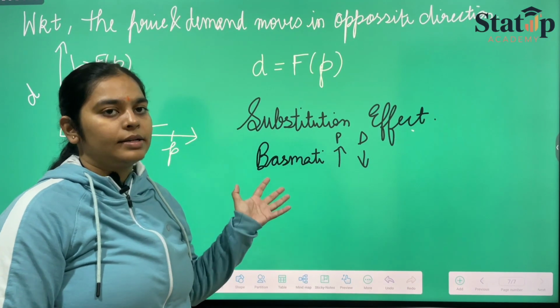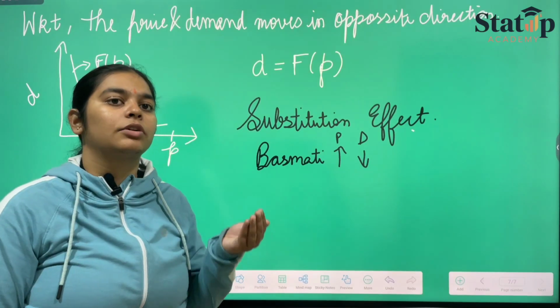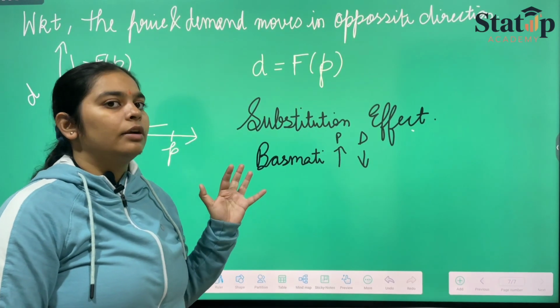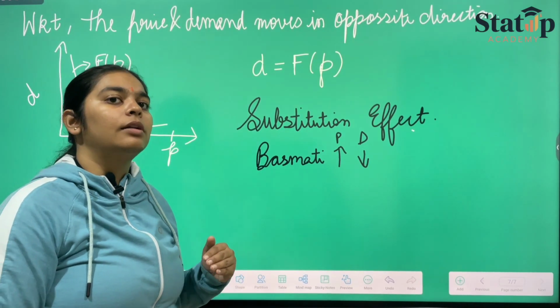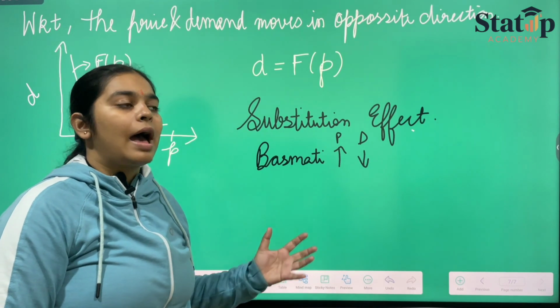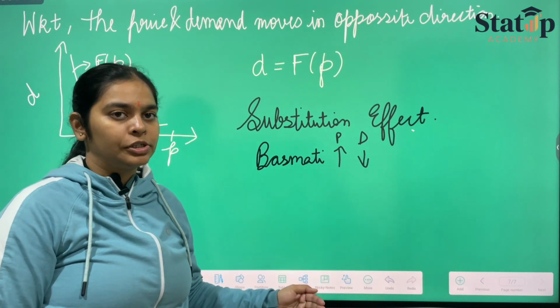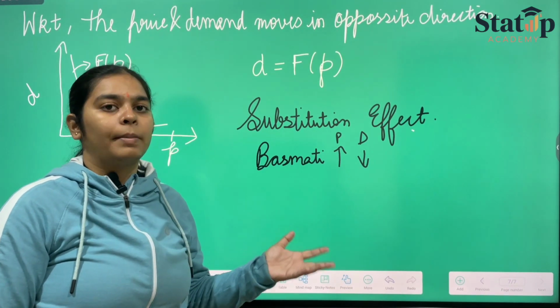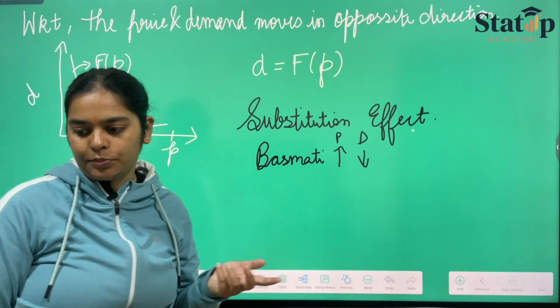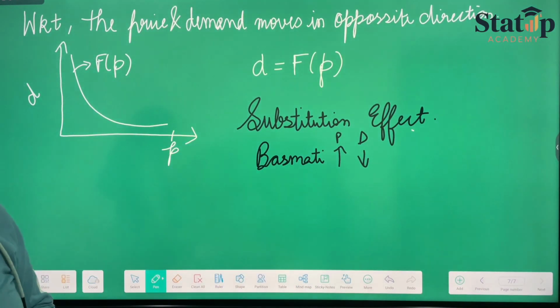That is the substitution effect. Whenever the price of a certain commodity rises, the demand of that commodity decreases and people find its substitute, and the substitute's price or demand would rise. That is substitution effect. Then there is income effect.